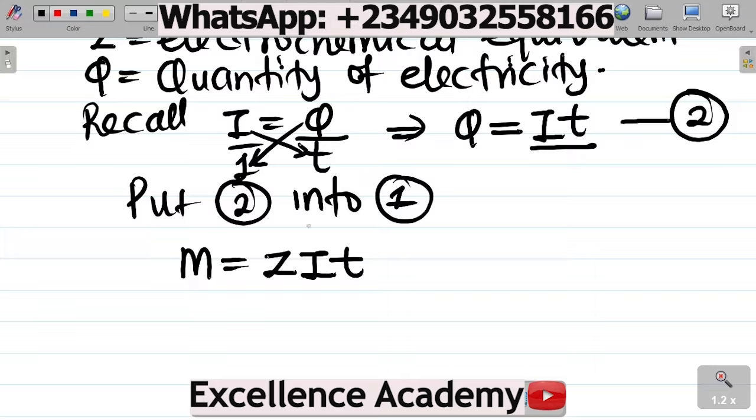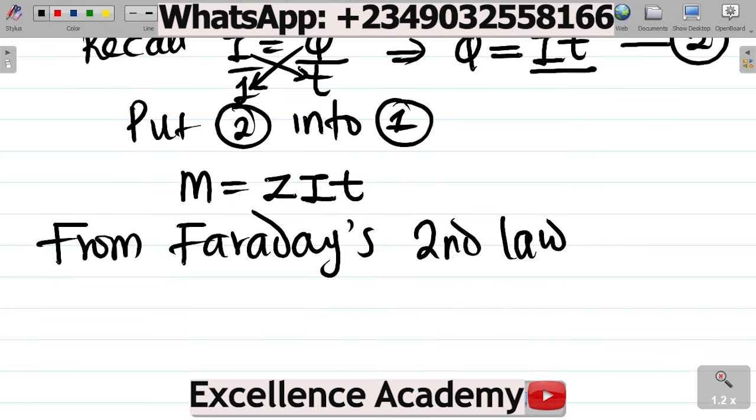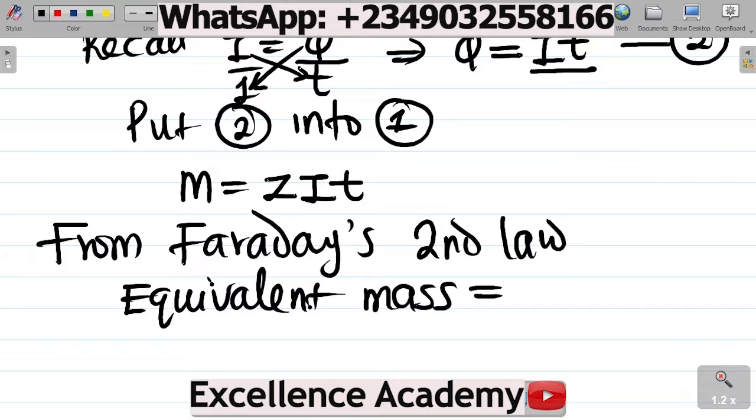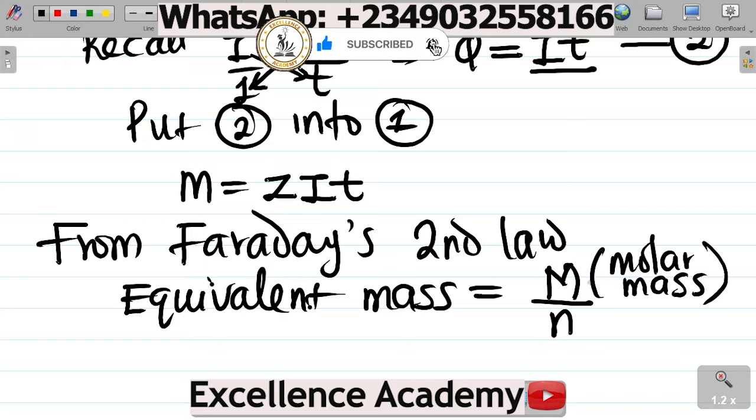So at this point, we also want to note something from Faraday's second law. From Faraday's second law, we know that the equivalent mass is equal to capital M all over N, where capital M is molar mass, and N is the number of electrons exchanged.